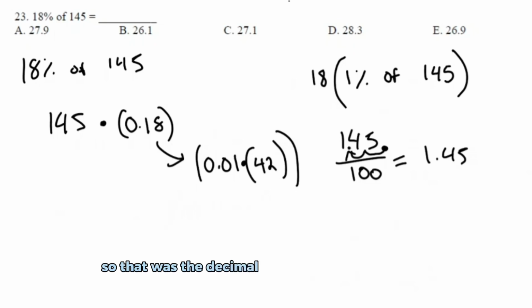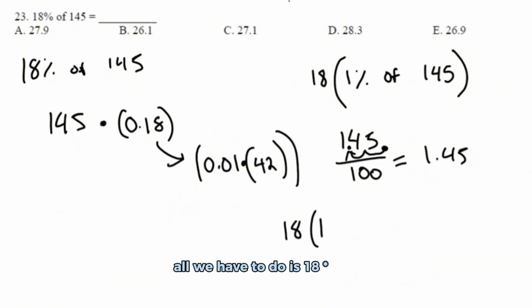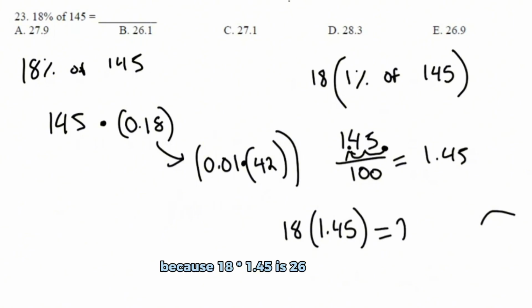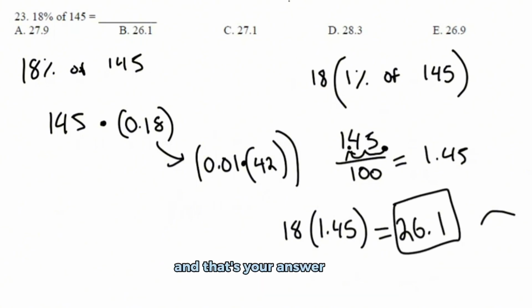So now the decimal point would be right here, which is 1.45. So now that we know that 1.45 is equal to 1%, all we have to do is 18 times 1.45. And that's pretty simple because 18 times 1.45 is 26.1. And that's your answer.